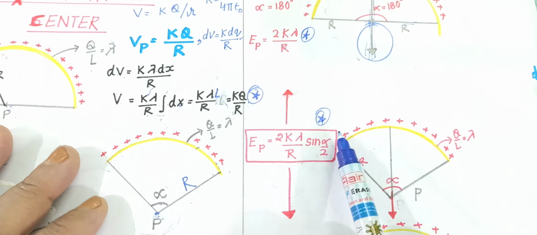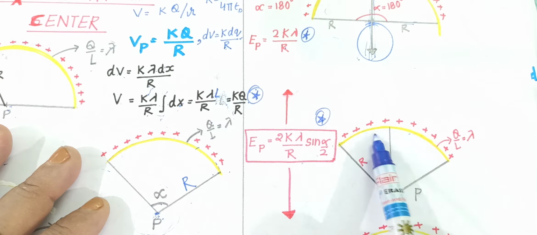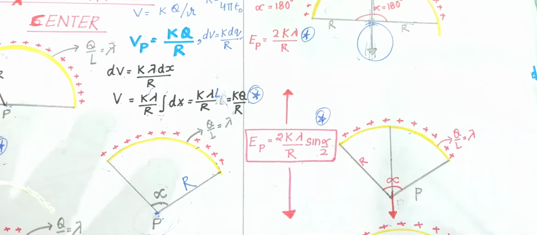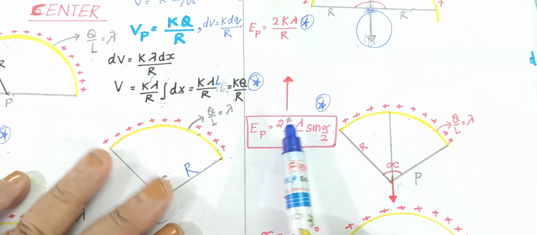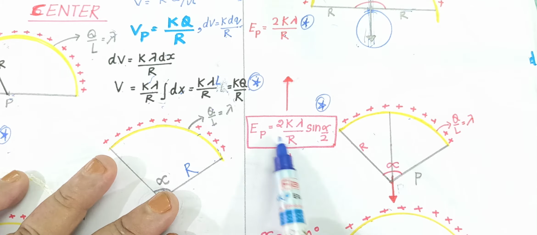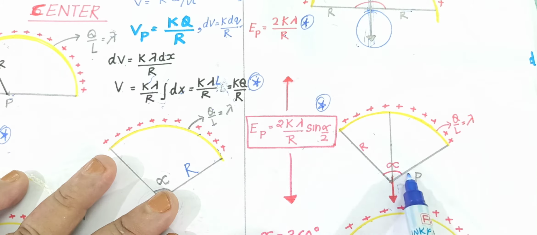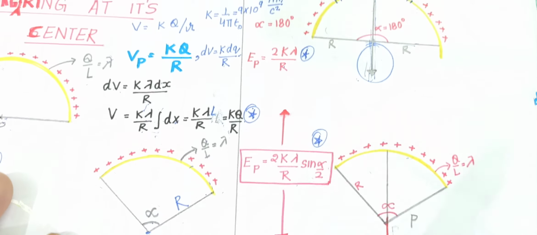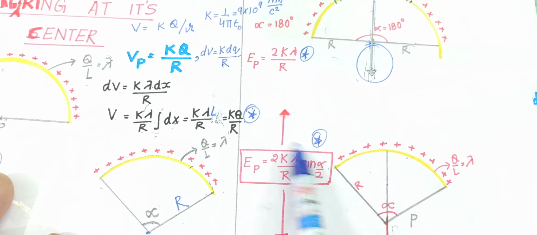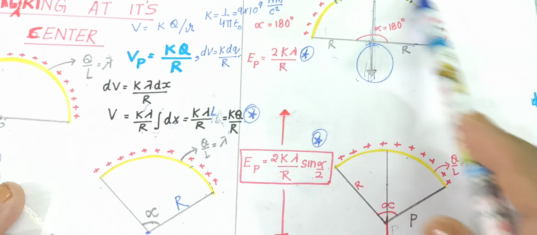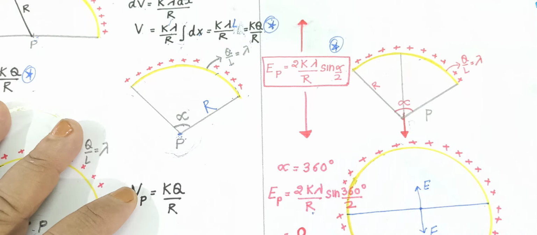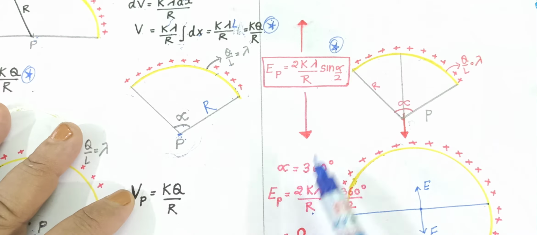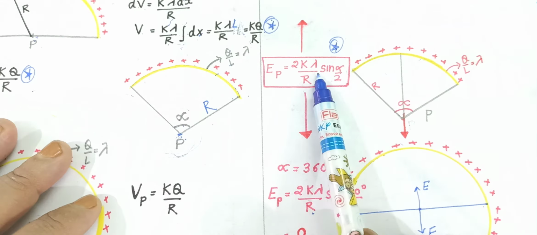Simple, same logic, two elements taken symmetrically on the two sides and all the logic, but just look at the field 2k lambda by r and sine alpha by 2. Actually, instead of learning the specific cases, you learn the general formula, and alpha will change to 180 for the semicircle and alpha will change to 360 for the whole ring, and we will have the electric field in all the cases.